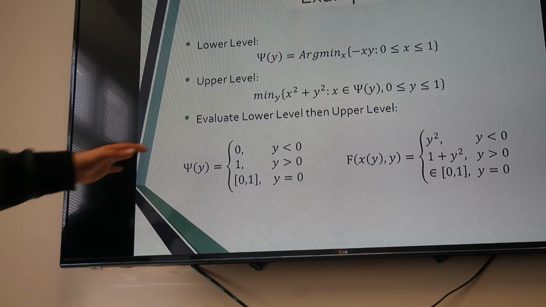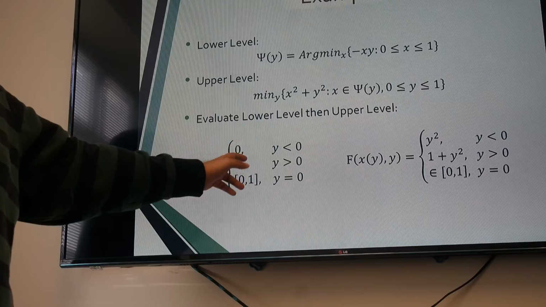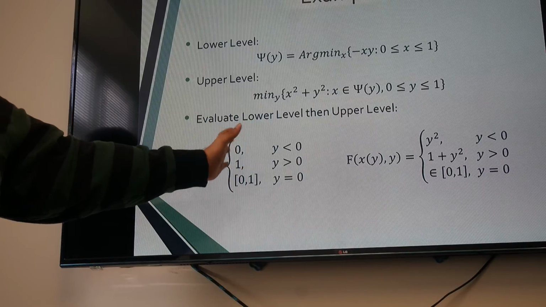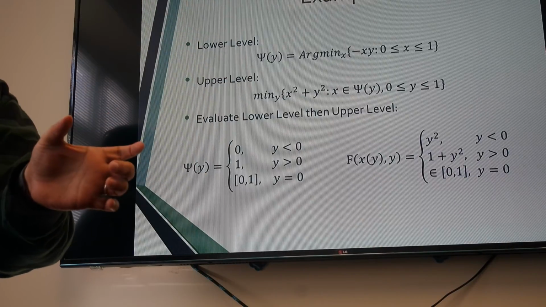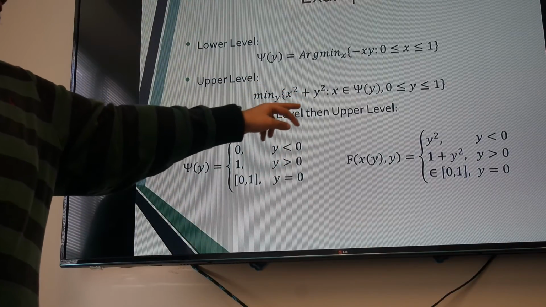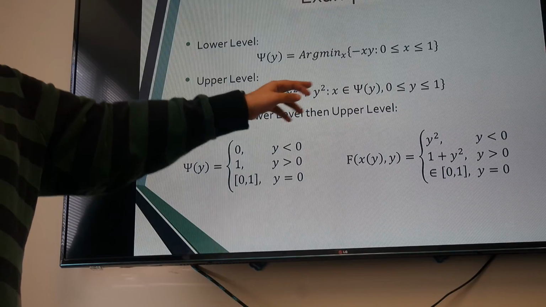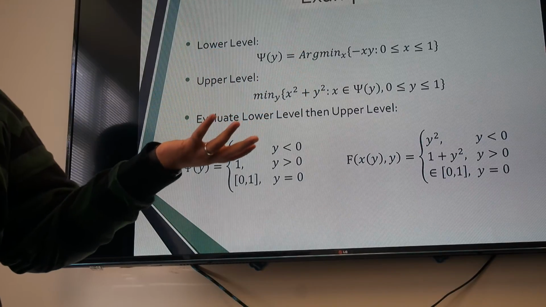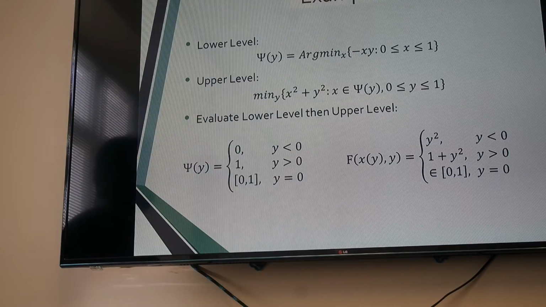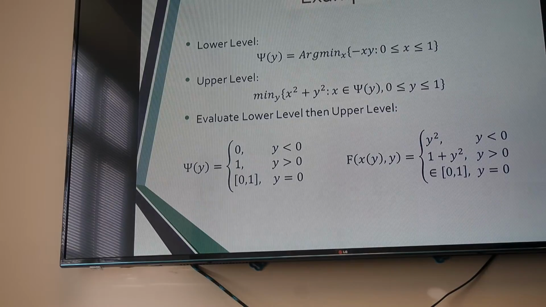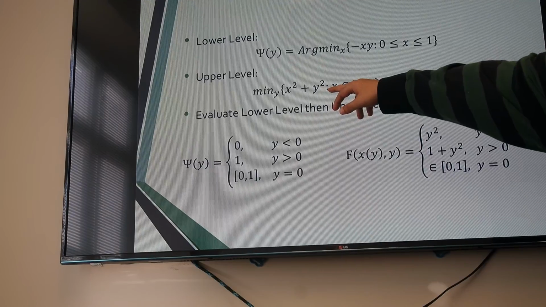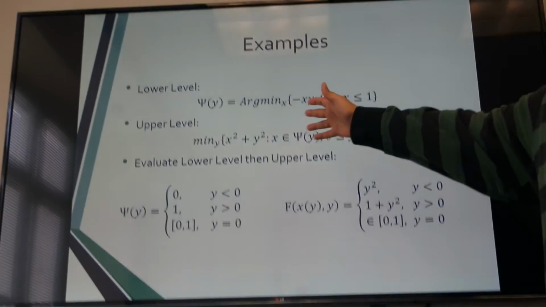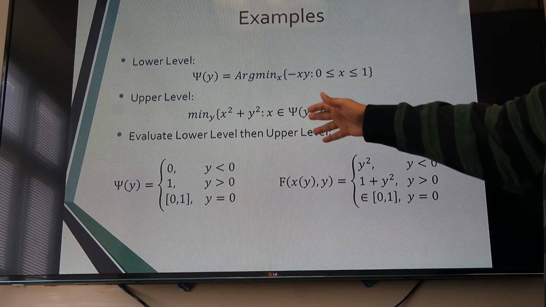So now for each y, we know what the value of its x will be. What we will do is take each pair of y and x, plug it into this minimization problem, and see which one gives us the minimum. So doing that, when y is less than 0, we plug it here. It will be a positive term, regardless of the sign of y.